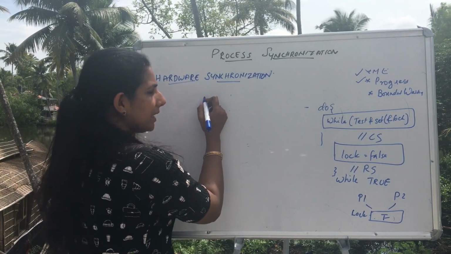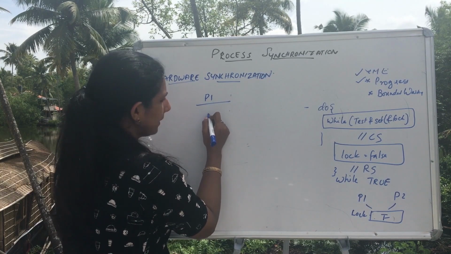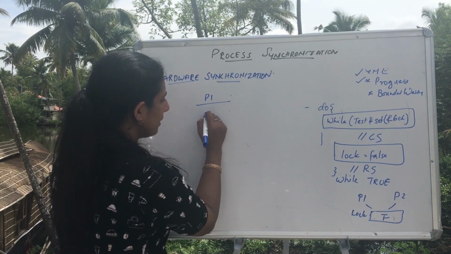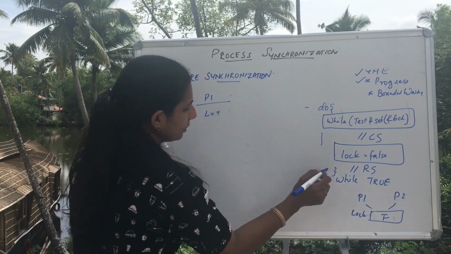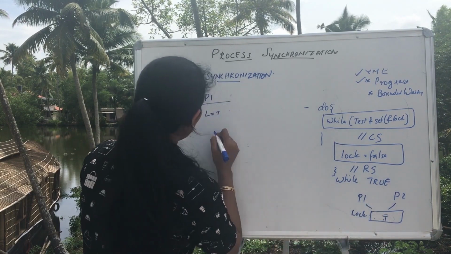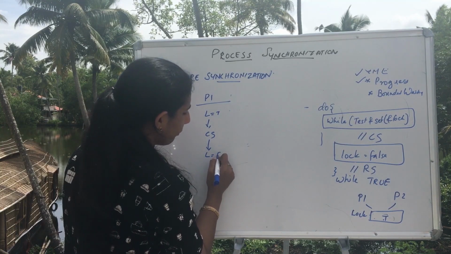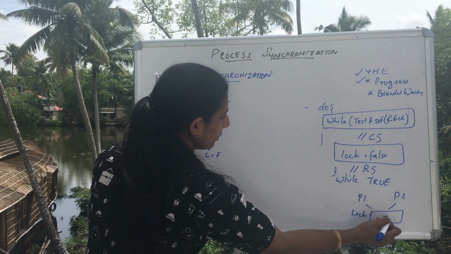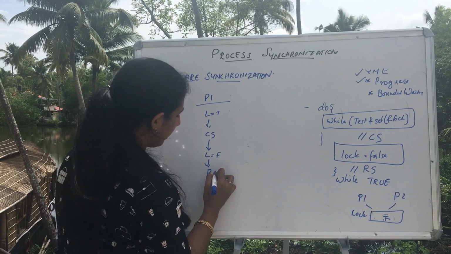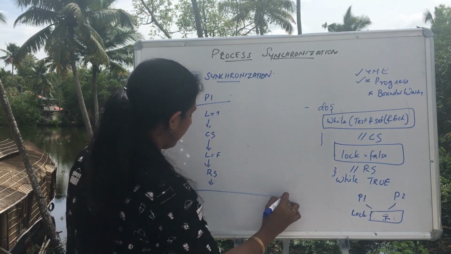In the bounded waiting condition, P1 checks the lock is equal to false, sets the lock equal to true, so it becomes true over here, enters into the critical section, then lock is equal to false as over here, comes to the remainder section, and then tries to exit.